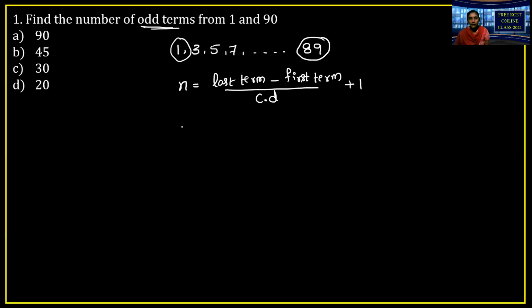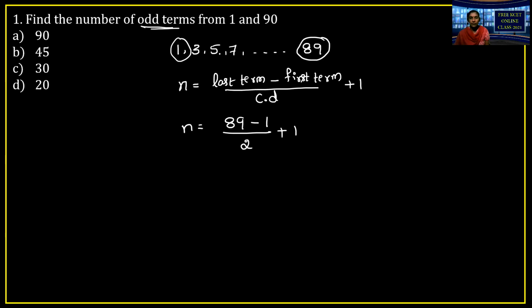So let us solve this. Which is the last term of this sequence? 89, minus the first term, which is 1, divided by the common difference, which is 2, plus 1.